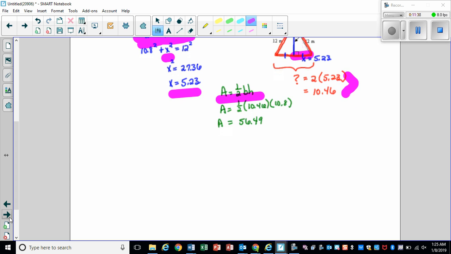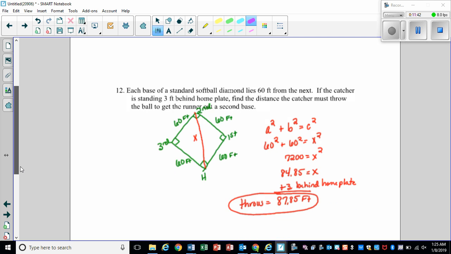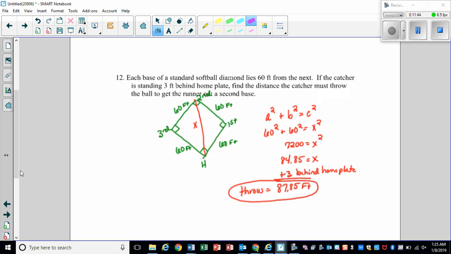All right, for the last question, I hope you guys know what a baseball field looks like. It looks like a diamond, and how it's labeled. So each base of a standard softball diamond is 60 feet from the next, and the catcher is standing 3 feet behind.